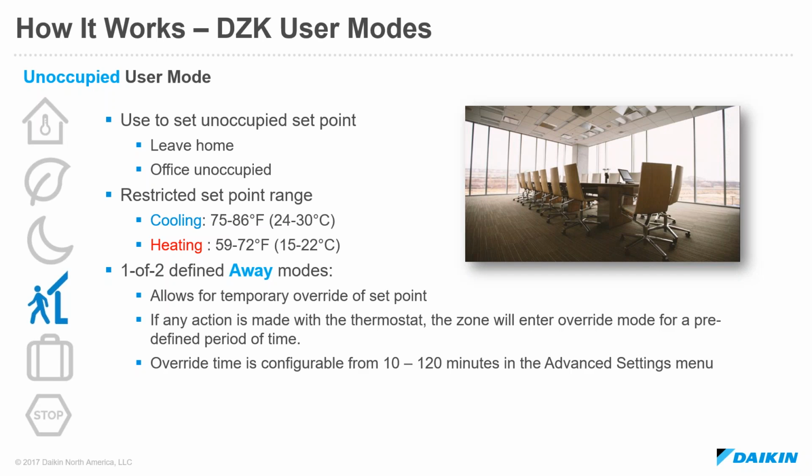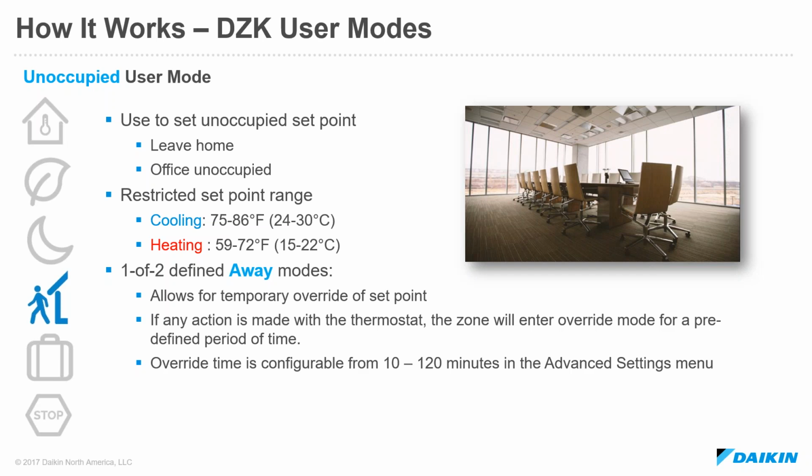When the DZK is in an away mode, the system allows for temporary override of the target set point. So if you were to program the cooling set point to 86 degrees Fahrenheit in the unoccupied mode, some user might come adjust the set point down. The DZK will allow that set point change to occur temporarily.